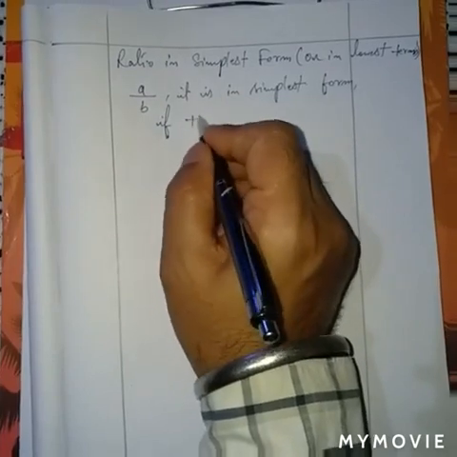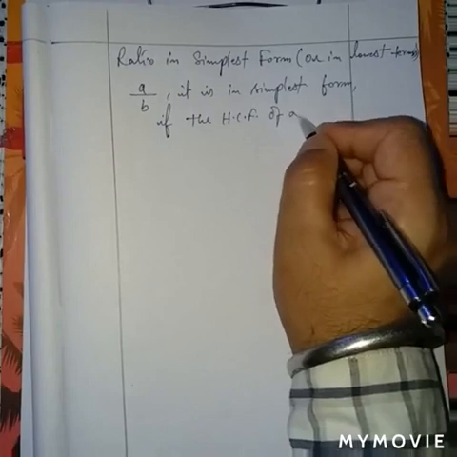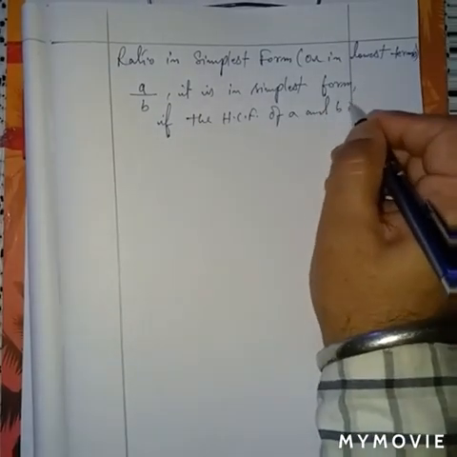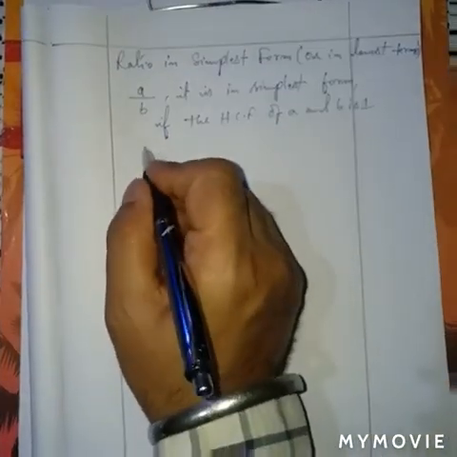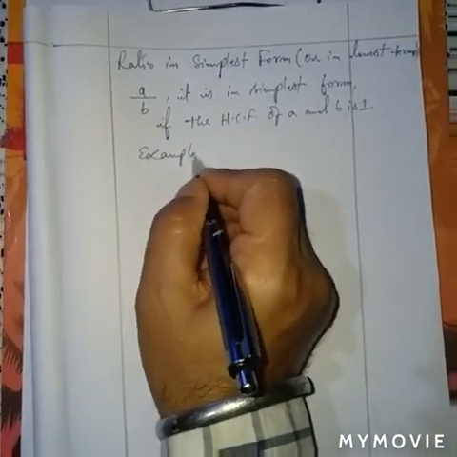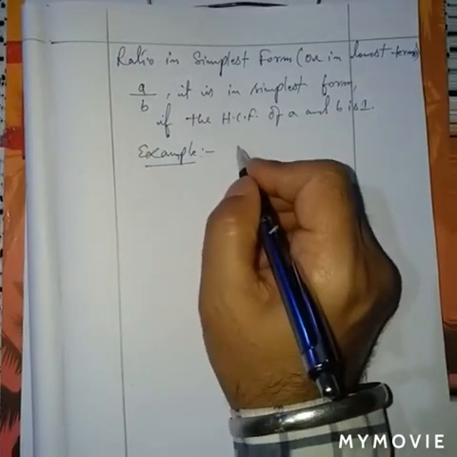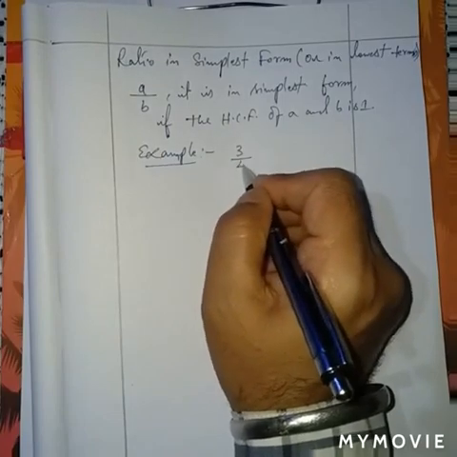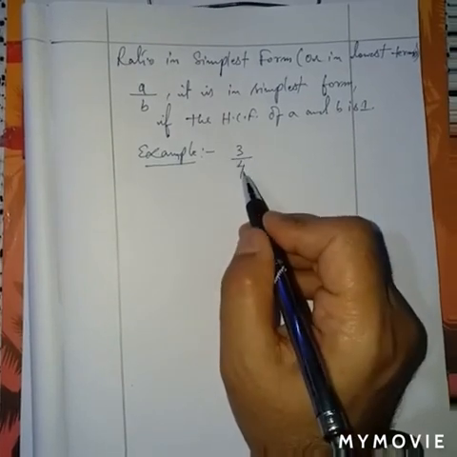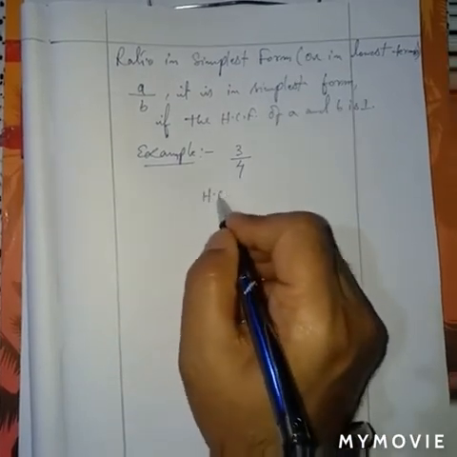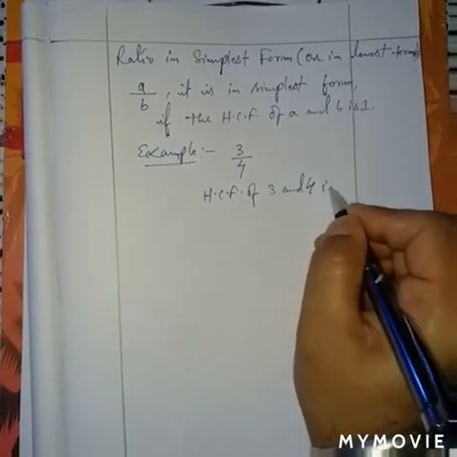For example, I am giving you an example. The ratio 3 by 4 is in simplest form because the HCF of 3 and 4 is 1.